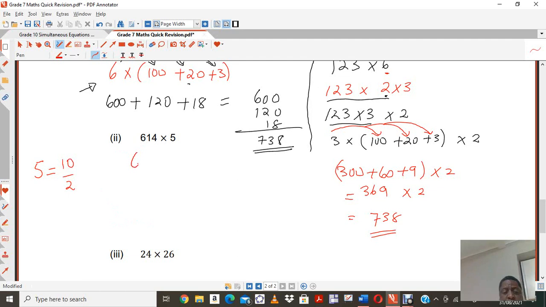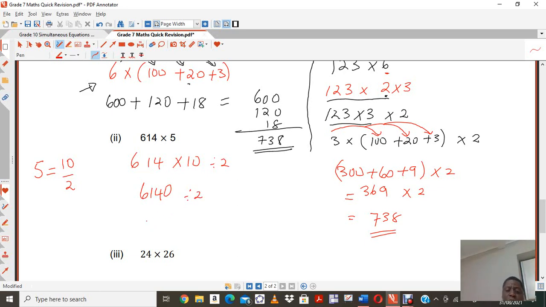You're going to take 614 and you multiply the answer by 10. And once you have your answer, you divide your answer by 2. Because multiplying by 10 is just adding a 0 at the end of the answer. And then you are going to divide that answer by 2.